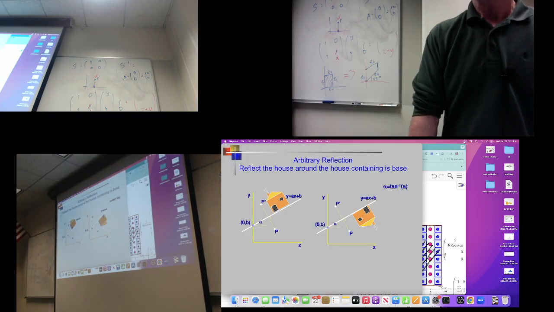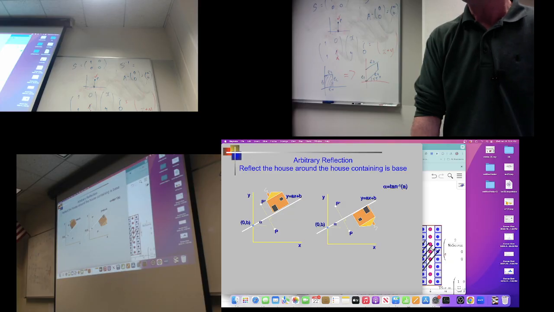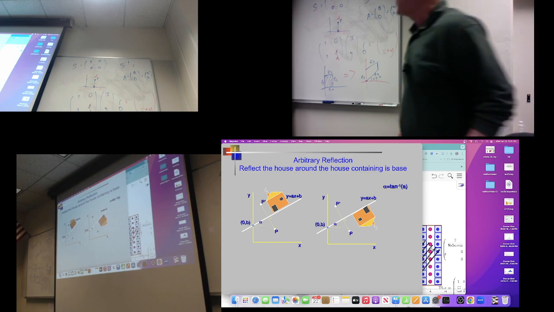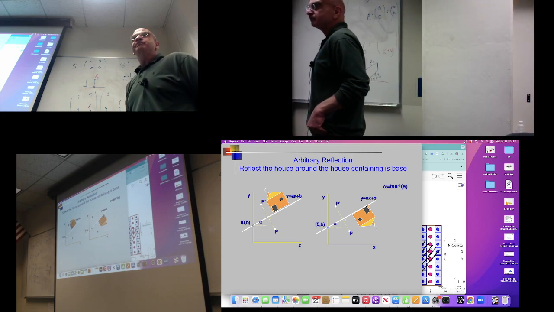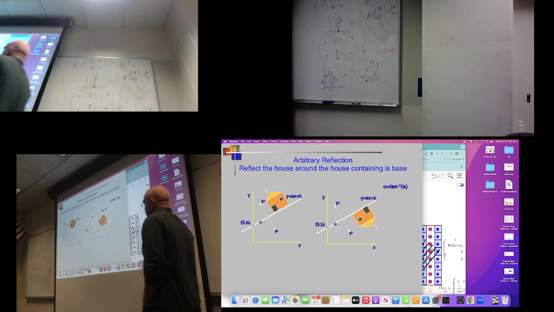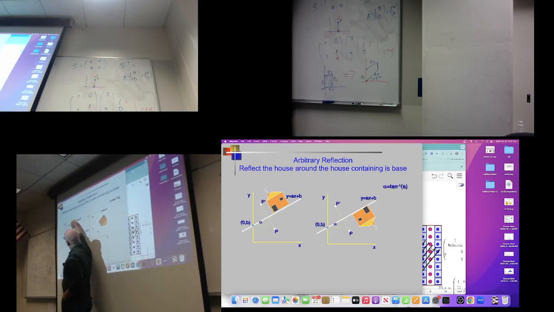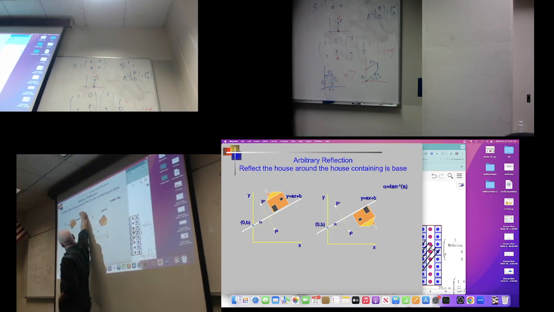Yet another story as justification. I want to reflect the house, but around this line, the baseline of the house, which is not the x-axis. How can I reflect with respect to this line? I'll calculate this line.